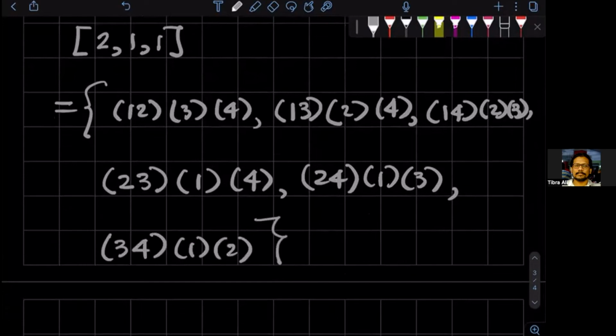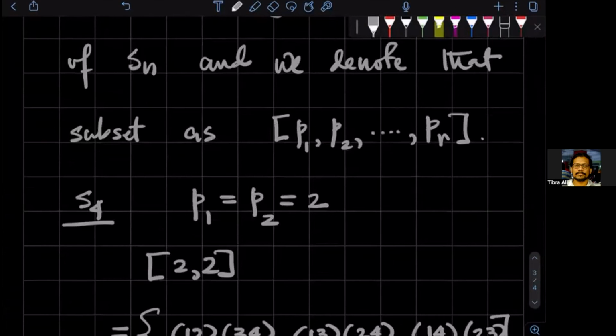Okay, so it'll have 6 elements. Now what we want to do is find out what the total number of elements is for a general set like that. Is it clear what we're trying to do?